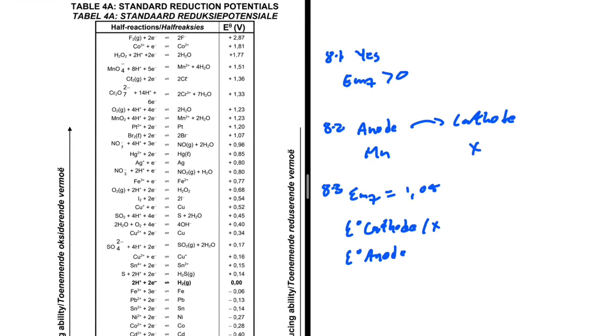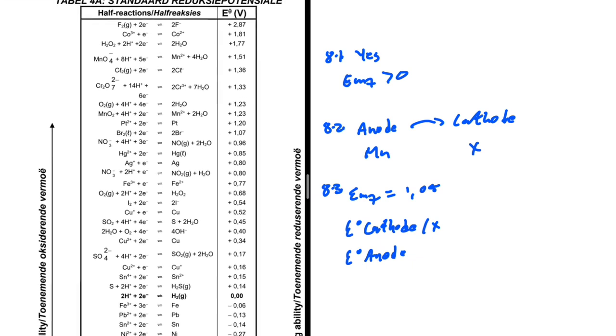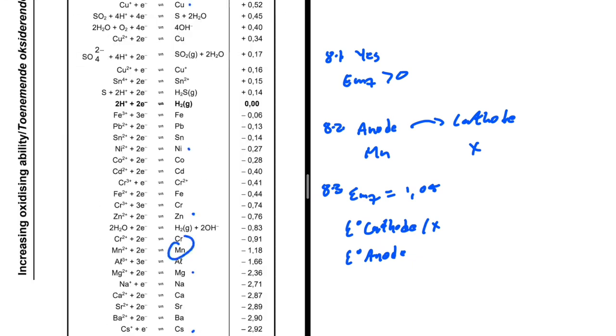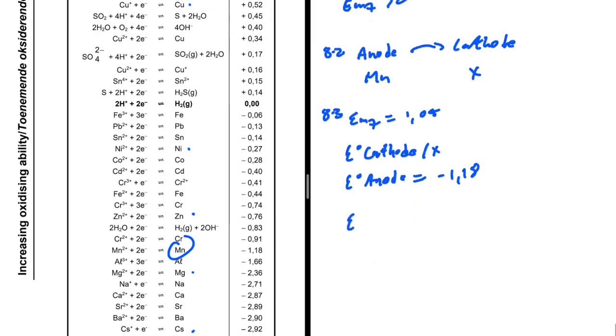So let's take a look. Mn, where do we find it? We have Mn right there. So the reduction potential at the anode is minus 1.18. And then we know that the EMF of the cell is given by the reduction potential at the cathode minus the reduction potential at the anode.